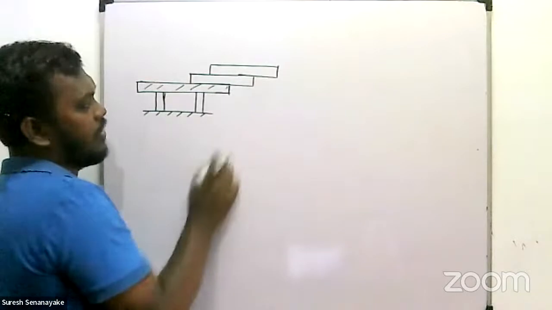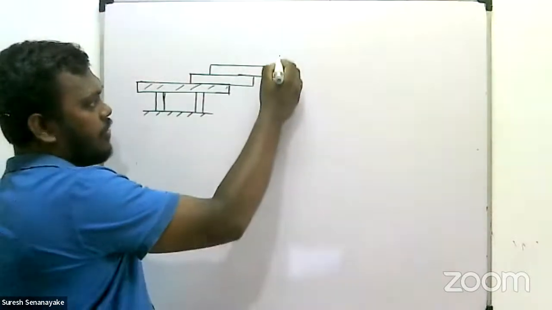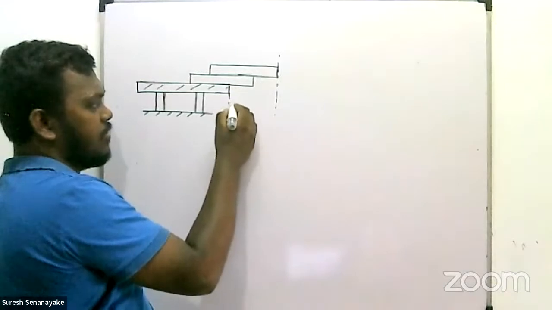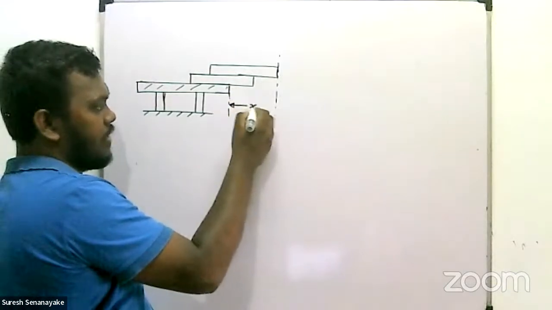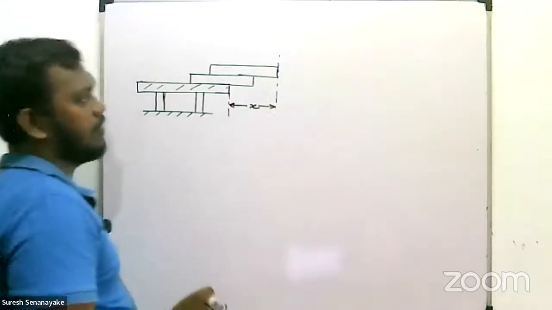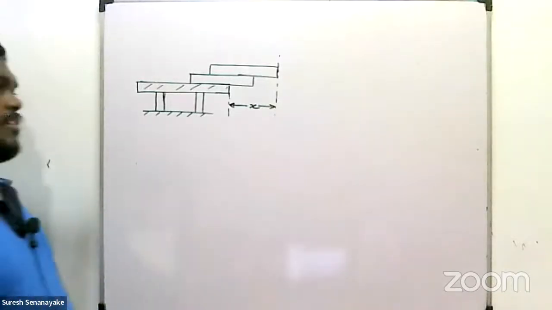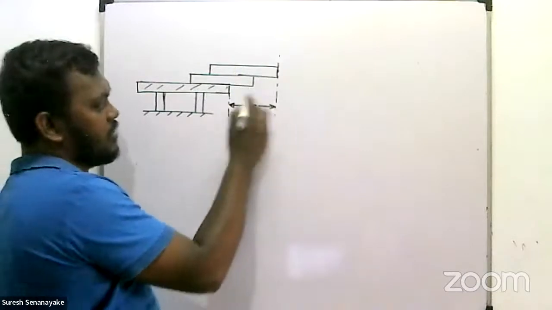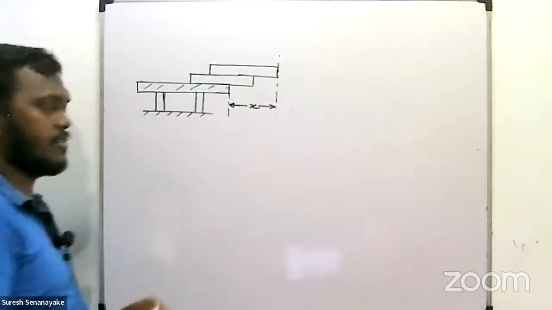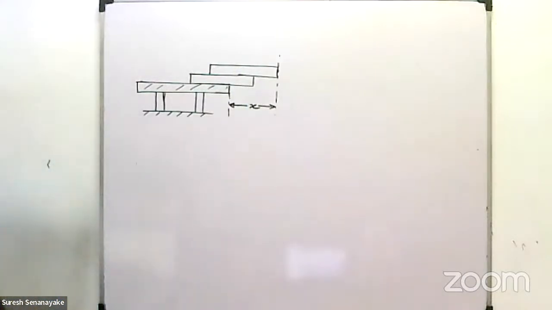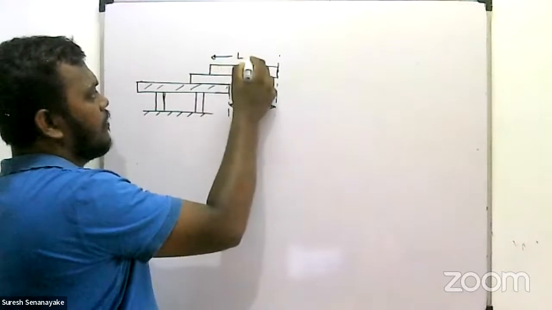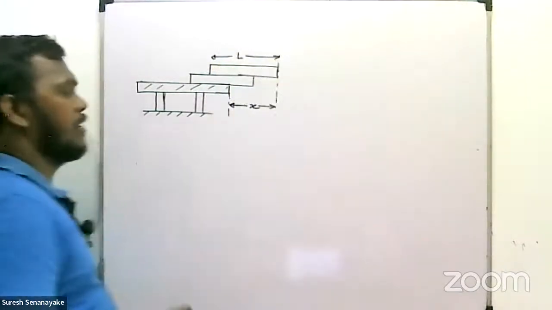What is the maximum distance x could be, if the system is in equilibrium? What is the maximum distance we can obtain for x? The length of a block is L.